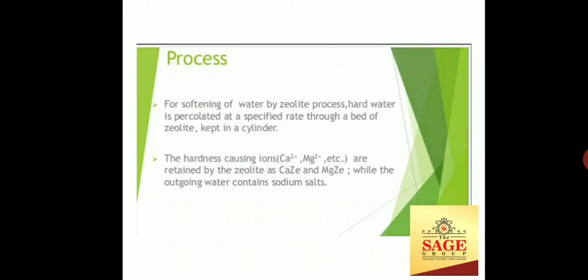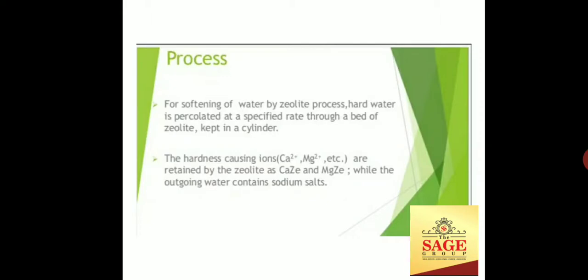Now the hardness causing ions, calcium and magnesium ions that are present in hard water, are retained by the zeolite bed in the form of CaZe and MgZe, meaning calcium zeolite and magnesium zeolite, while the outgoing water, meaning the water that is coming out of the zeolite bed, contains the sodium salt.